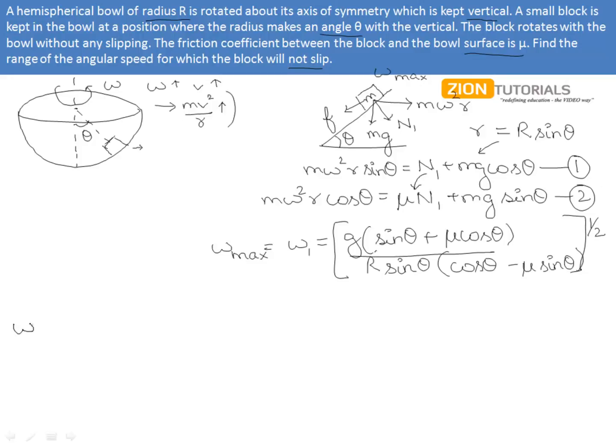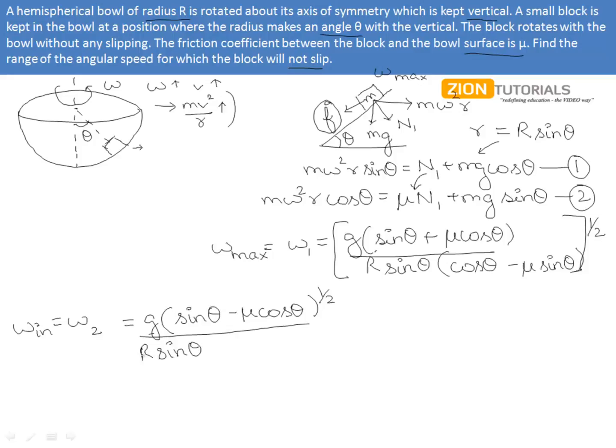Now for the case of omega minimum, that is omega 2, the problem is almost the same, but the direction of friction will change. It will go upwards, because now the block will have a tendency to fall into the bowl. So omega 2 can be easily solved for: g into sine theta minus mu cos theta, under root, over r sine theta into cos theta plus mu sine theta.